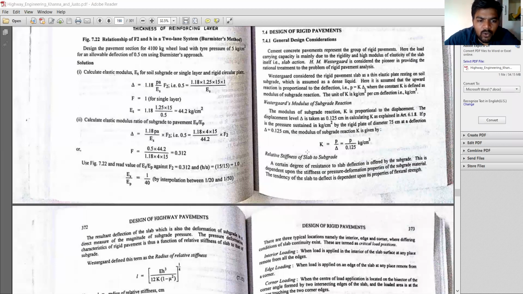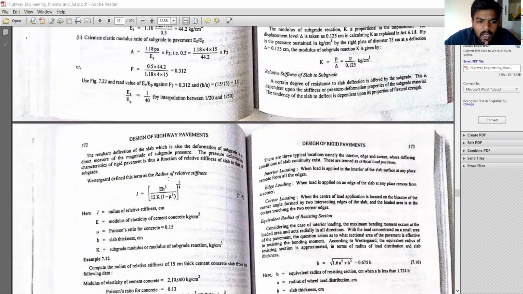Next, coming to the radius of relative stiffness. By this formula you calculate the stiffness generated between layers. Usually we consider a cement concrete pavement of dimension, say 7-meter width and 45-meter length.